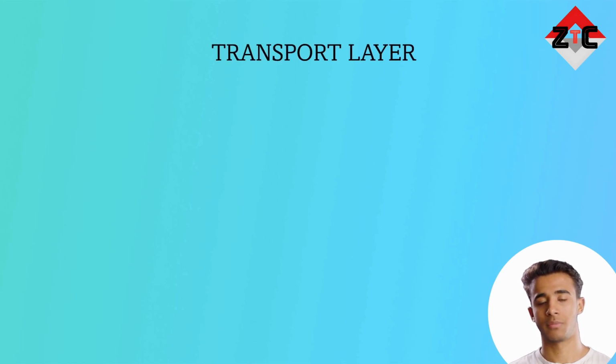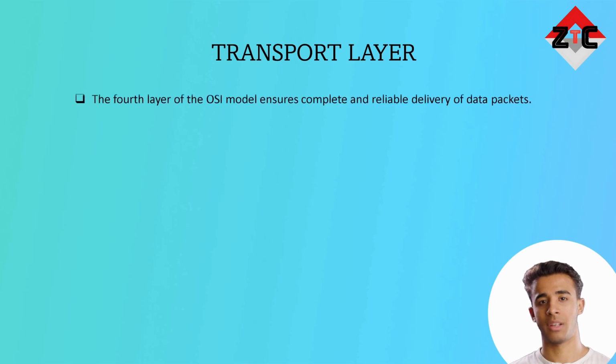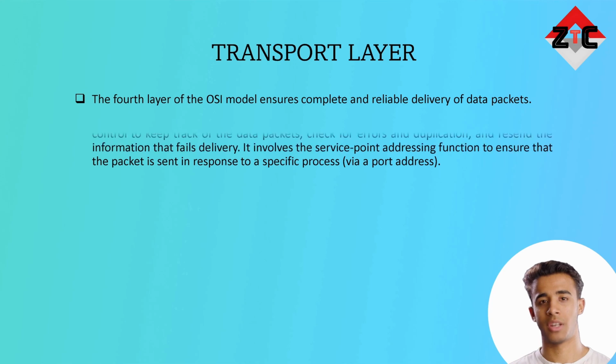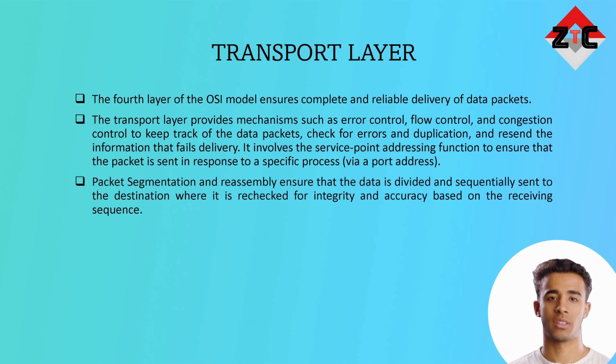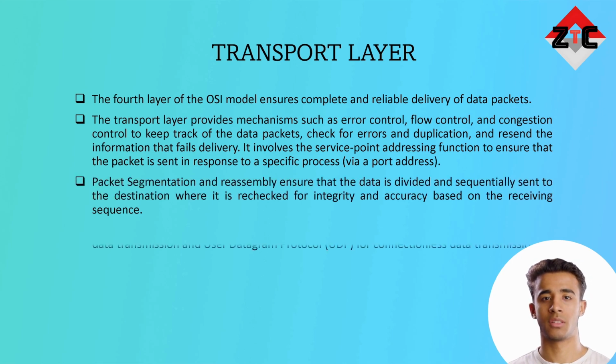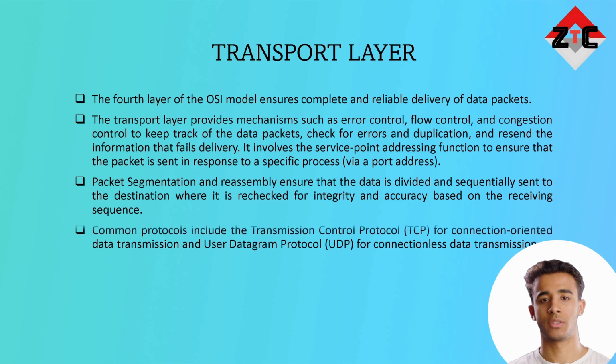The fourth layer of the OSI model ensures complete and reliable delivery of data packets. The transport layer provides mechanisms such as error control, flow control, and congestion control to keep track of the data packets, check for errors and duplication, and resend the information that fails delivery. It involves the service point addressing function to ensure that the packet is sent in response to a specific process via a port address.